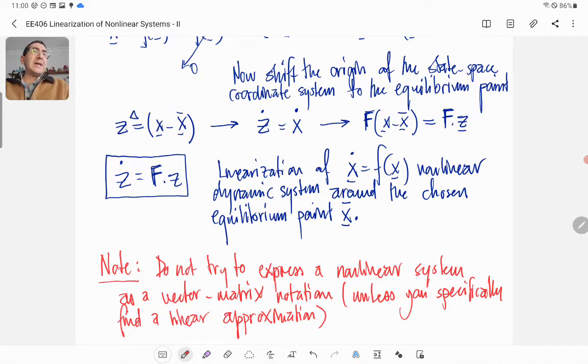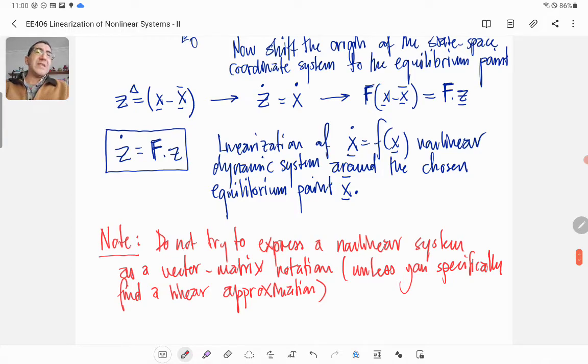What I mean by that is that I often see a mistake being made: you try to find the model of a nonlinear system, and while you are trying to do that, you extract the equations and you immediately try to write that down as a vector matrix equation. The only thing you can do is to write basically a set of nonlinear functions in terms of the state variables.